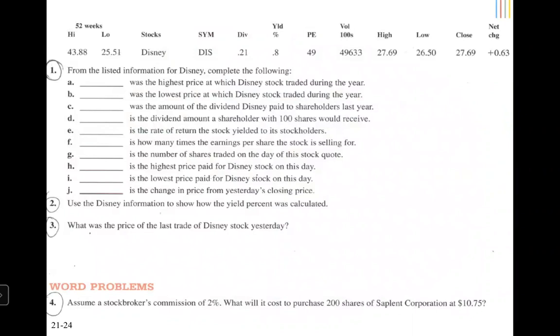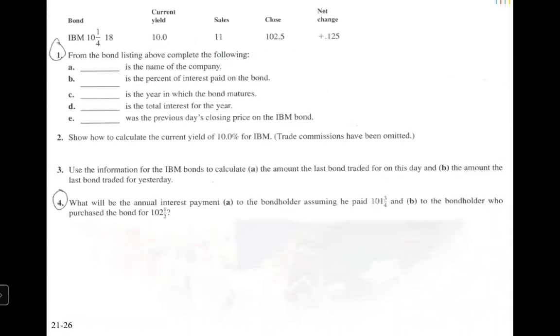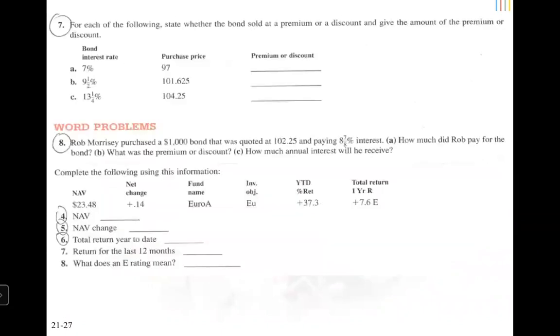Then 1 and 4 here. And then 7, 8, 4, 5, 6. So I have all the questions you have to do circled. You do those and the answers are there. And so that's your homework.